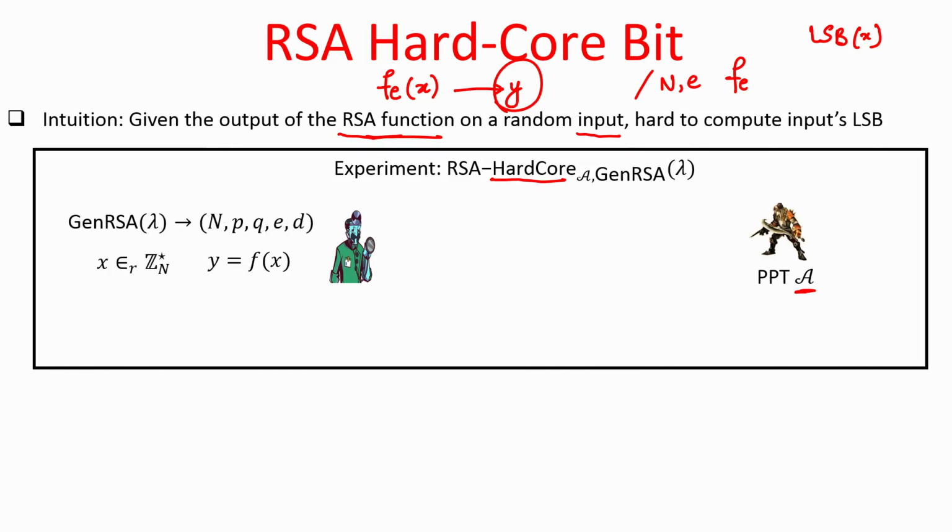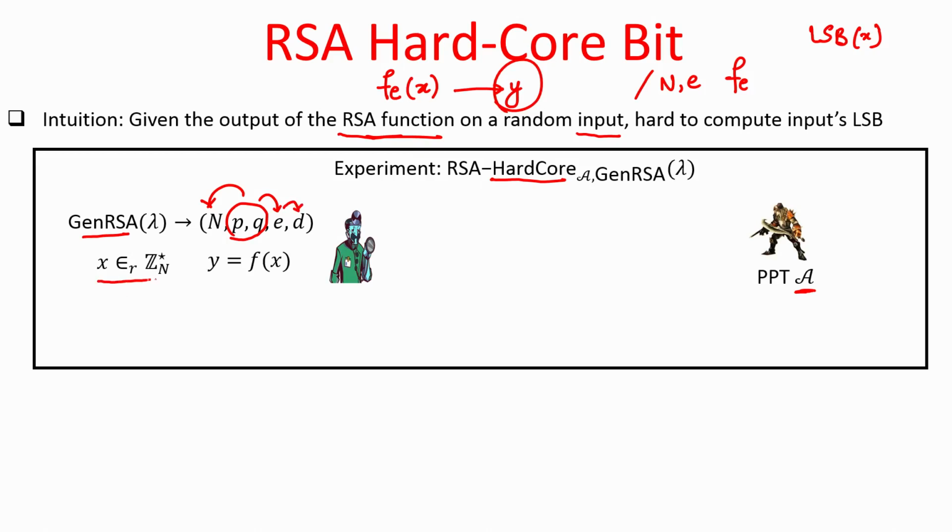The verifier will generate the RSA parameters by running the GenRSA function. So, he will first generate the prime factors, compute the modulus, then he picks the public exponent, and once he knows the value of phi of n and e, he can compute d. And now he prepares the challenge instance.